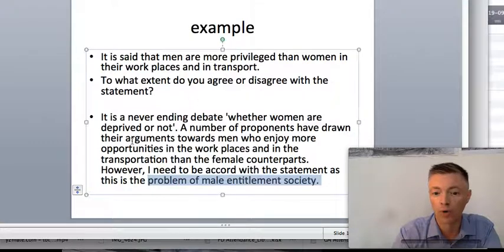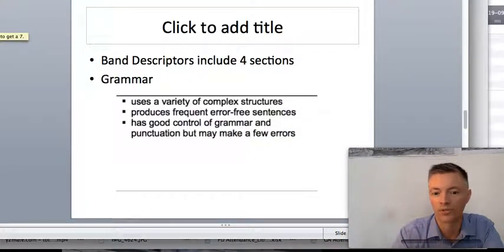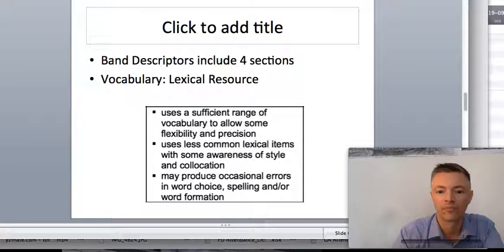So this is a problem of planning. This is a problem of somebody said to you, you need to paraphrase. It doesn't matter what, at the end of the day, your teachers have said to you, because your teachers are just, obviously, copying other people. What matters is these band descriptors. Because the examiner has to follow these things, okay?